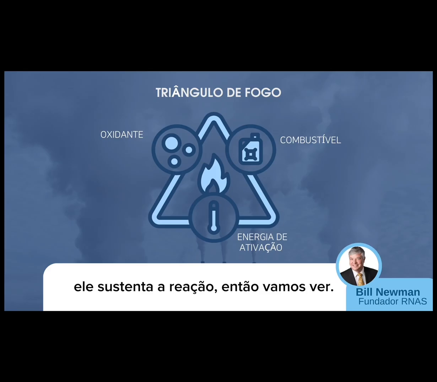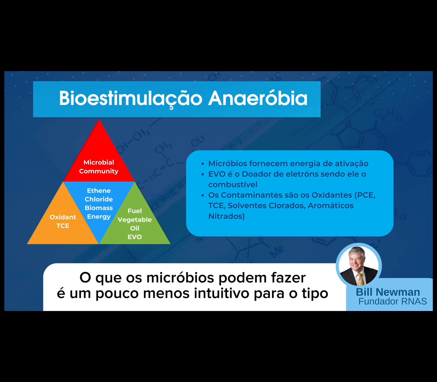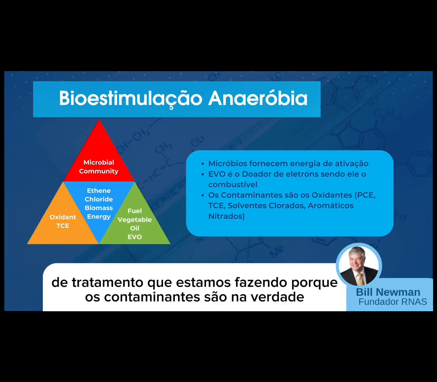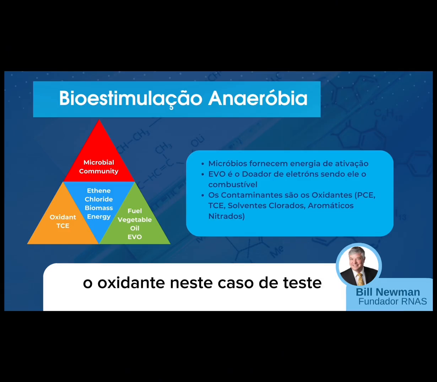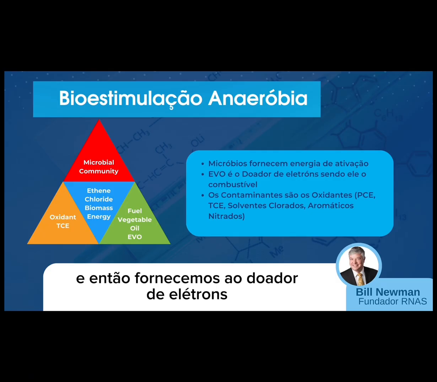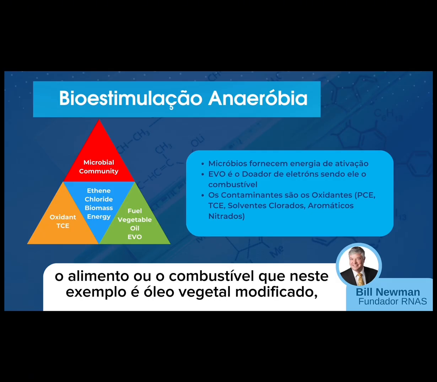So let's look at what microbes can do. It's a little less intuitive for the kind of treatment that we're doing because the contaminants are actually the oxidant, in this case trichloroethene, and then we provide the electron donor, the food or the fuel, which in this example is emulsified vegetable oil.